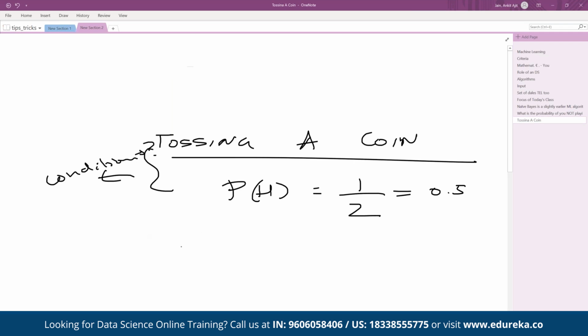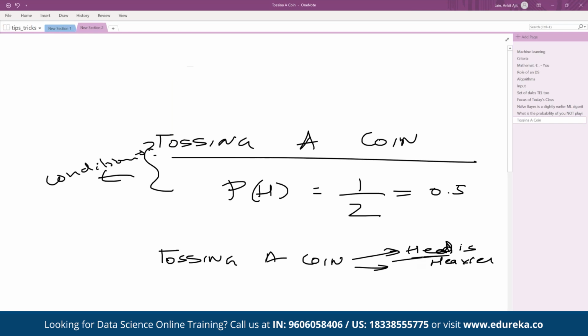But let's think about a second scenario, that please toss a coin. And when you're tossing the coin, you have put a condition on the coin such that the head side is heavier. What is the condition you have put?